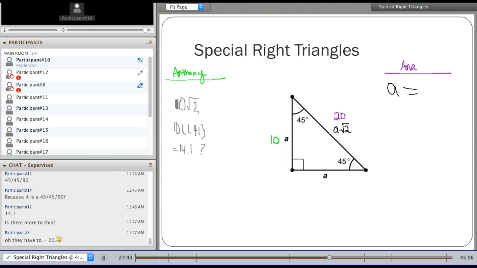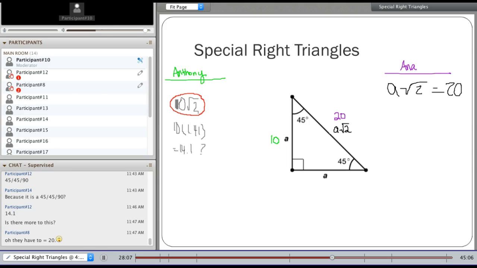Yeah, 14.1. Now, again, you want to be able to do both versions of this answer. So you might see the answer left as 10 square root of 2. And we don't have to do anything to that one because the square root in the numerator, that's okay. So there's no fraction there.